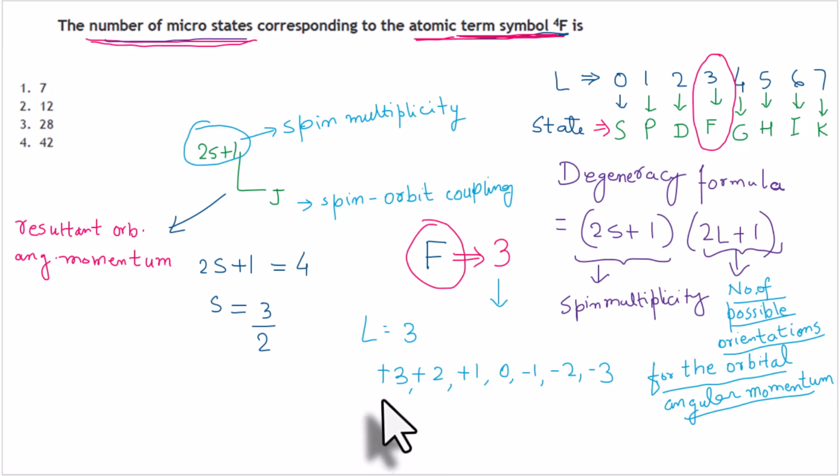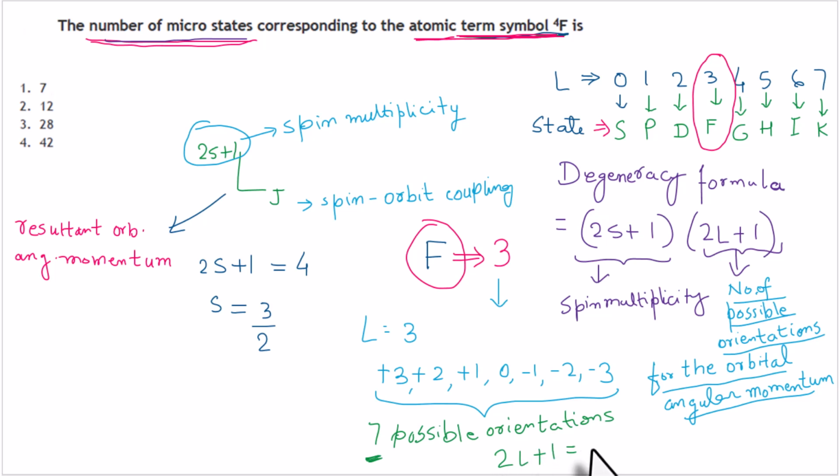Total: 1, 2, 3, 4, 5, 6, and 7. So for L equal to 3, we have 7 possible orientations. The same value is obtained from 2L plus 1, which is 2 times 3 plus 1, equal to 7.